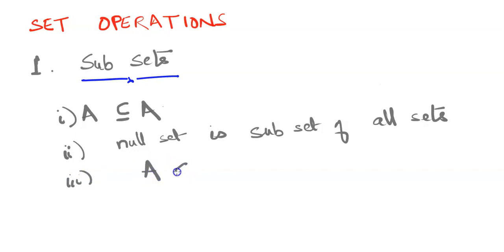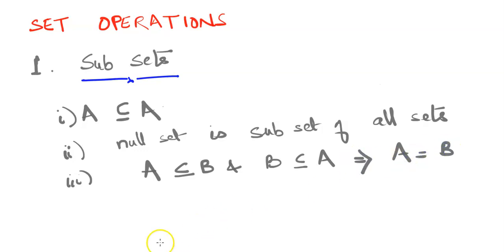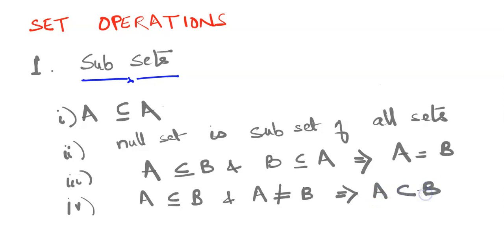If A is a subset of B and B is a subset of A, that strictly means A is equal to B. And fourth, if A is a subset of B and A is not equal to B, this implies A is a proper subset of B. In this case, B is said to be a superset of A. We can also write it as B is a superset of A.